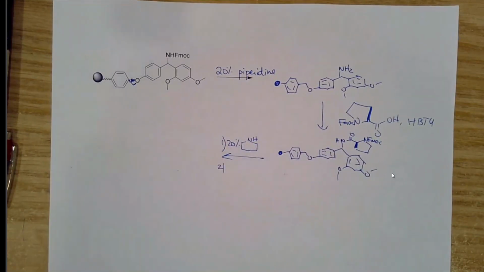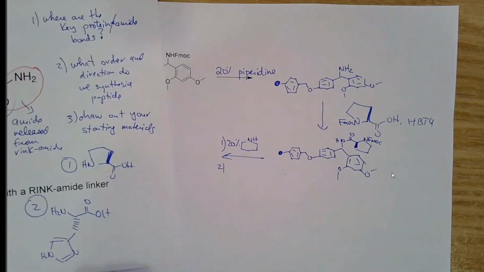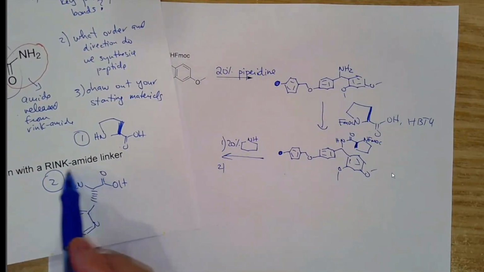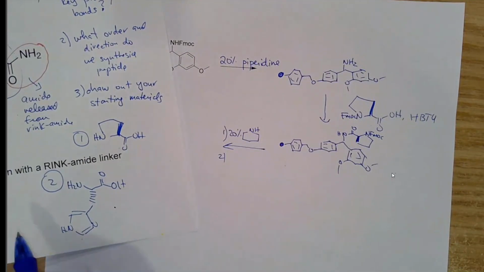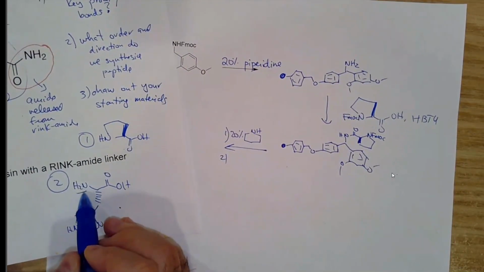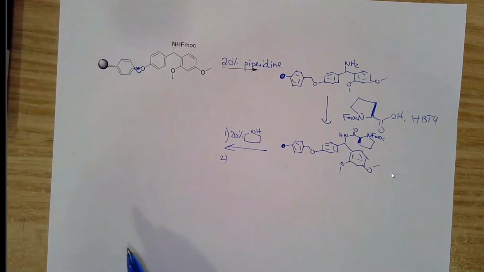And then number 2, you go to your starting material library, and now we're going to add this histidine here. And just like we did with the first one, we have to protect this amine, right? And we're going to use Fmoc again.